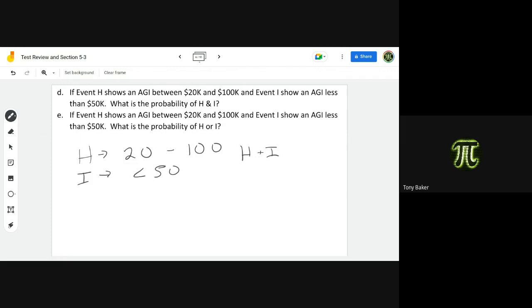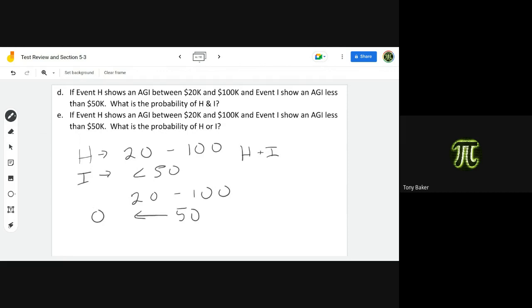So remember, and means they both have to work, right? So which ones am I looking at in this situation? Since it's and, we're looking at the overlap, correct? So H is from 20 to 100, and I is from 50 all the way down to 0, basically, right?